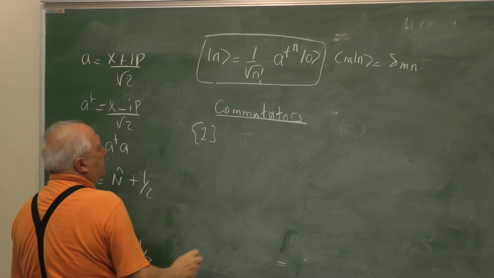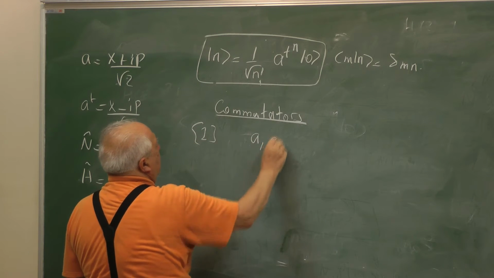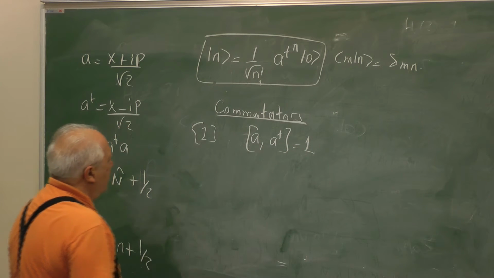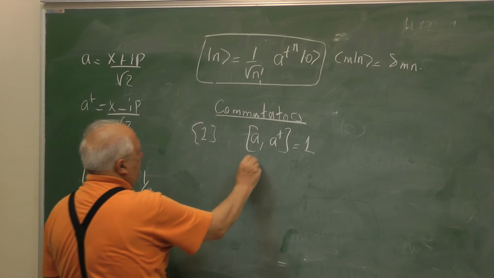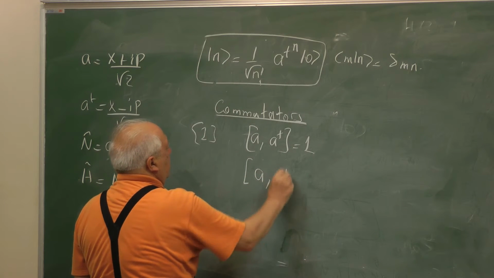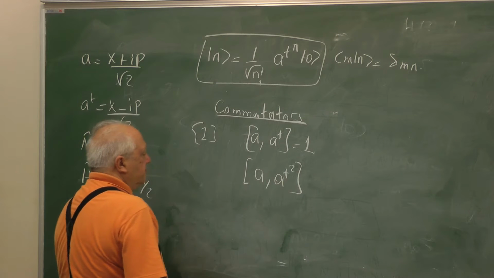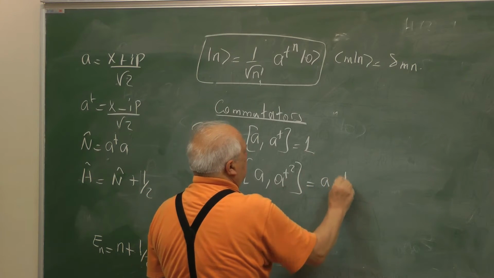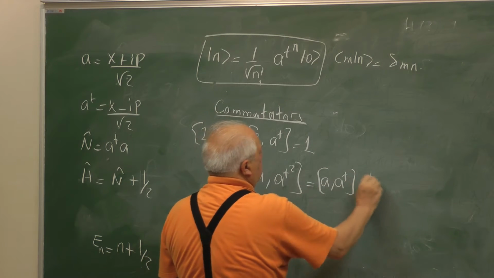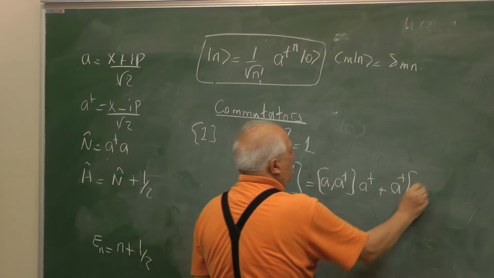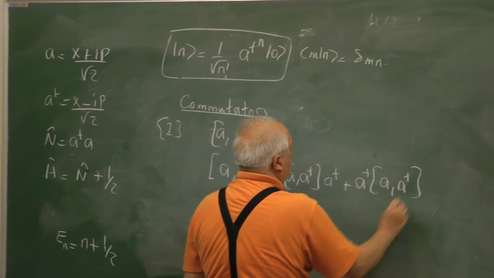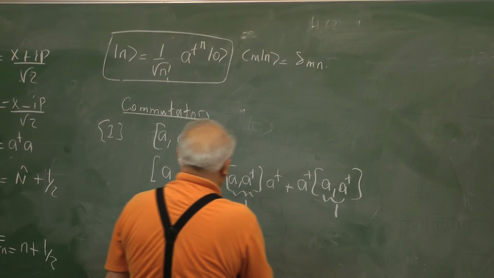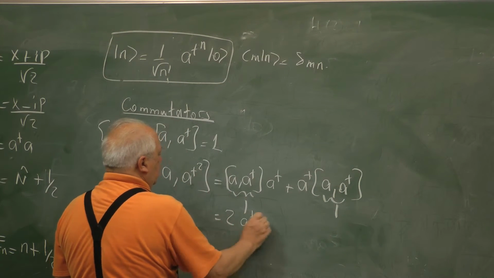First, we know that a dagger is equal to 1. Next, a dagger square. So this is a composite. This is a dagger plus a dagger, a dagger. So this is 1, this is 1. So it is 2a dagger.